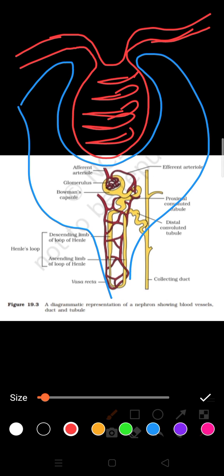You can see the structure of the glomerulus. It is just a very fine network of capillaries, and from this only the filtration process takes place, the ultrafiltration.